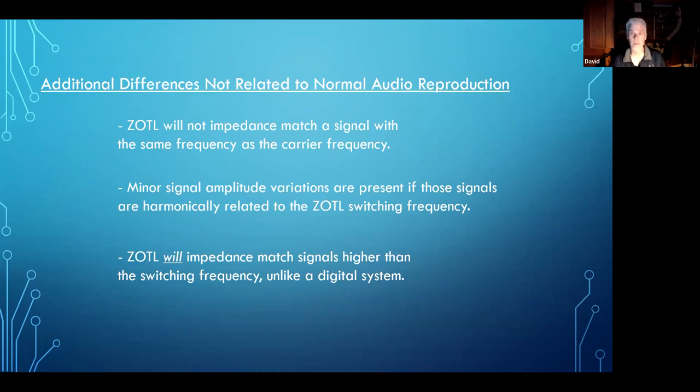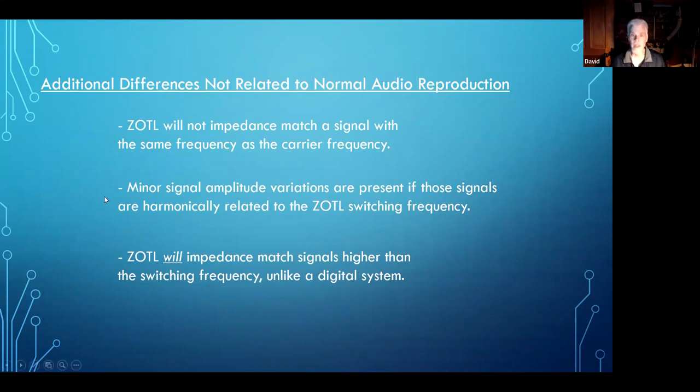Most of the carrier frequencies I use are 250 kilohertz to 500 kilohertz, usually toward the lower end of that. So if I'm using a 250 kilohertz carrier, I can't impedance match a signal which is 250 kilohertz. The circuit just fails.